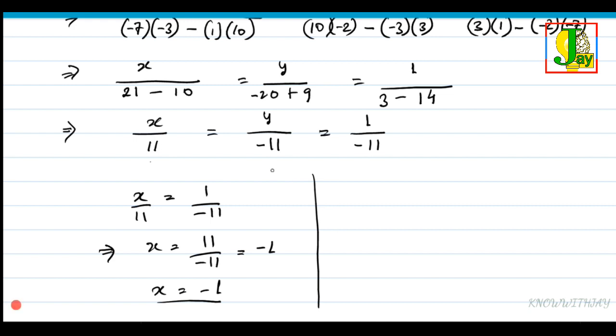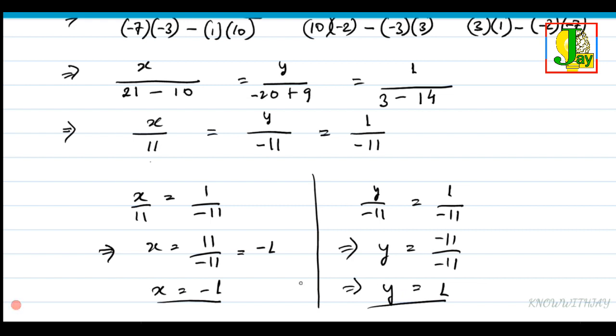And from the other two expressions we have y by minus 11, 1 by minus 11. So y equals to minus 11 by minus 11 and hence y equals to 1. Okay, so that's the solution for the given equations. x equals to minus 1 and y equals to 1.